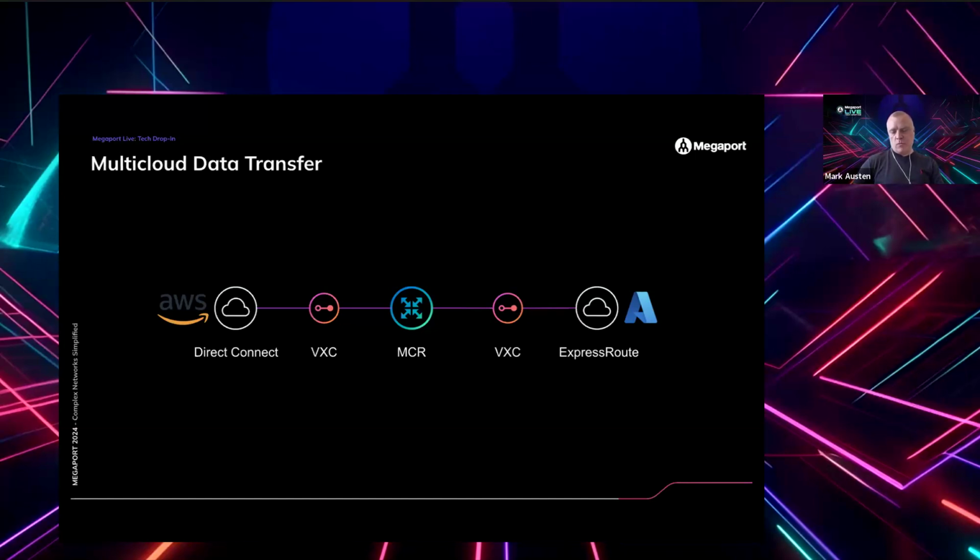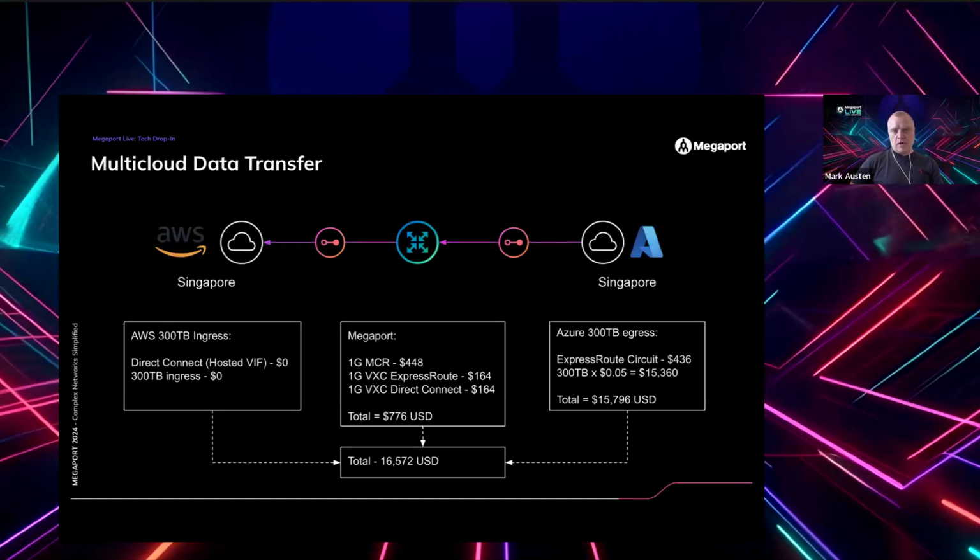If you want 1 gig connectivity from Azure to AWS or another cloud provider, that is dedicated bandwidth for you versus using the internet, which is not guaranteed. So keeping that in mind and looking at the pricing, you can see here 300 terabytes egress from Azure in Singapore, looking at the total cost of that connection.